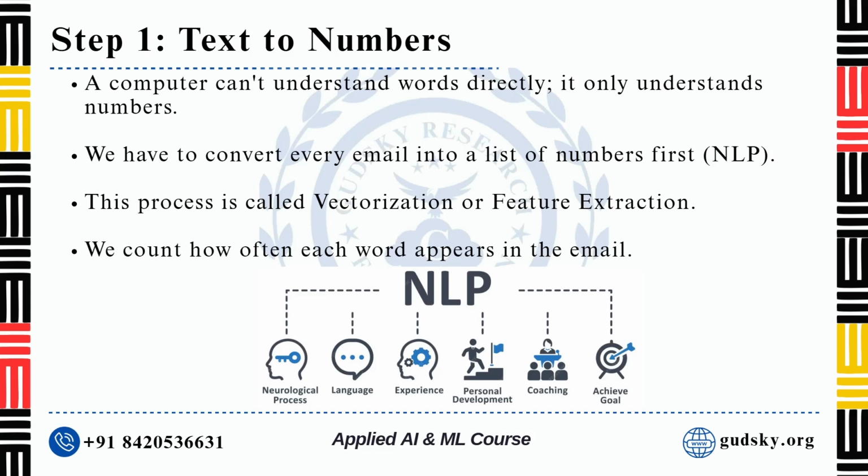We take the text of the email and convert it into a numerical format. We do this by creating a special code where every word gets a number and we start counting. This process turns words like free and win into numerical features the model can accept and learn from.